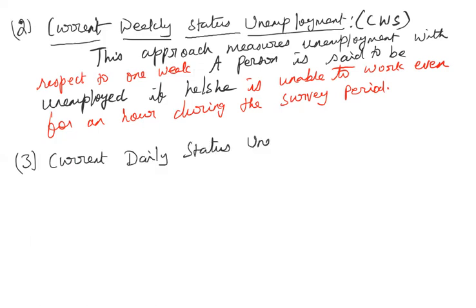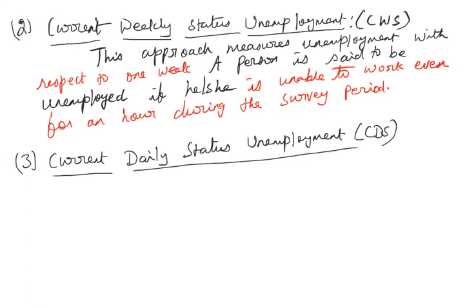For all practical reasons, the statistical organizations use the current daily status. Whatever data and whatever rate we are getting, it is based on current daily status unemployment. If you find the rate of unemployment in our country in the newspaper, it is mostly based on current daily status unemployment.